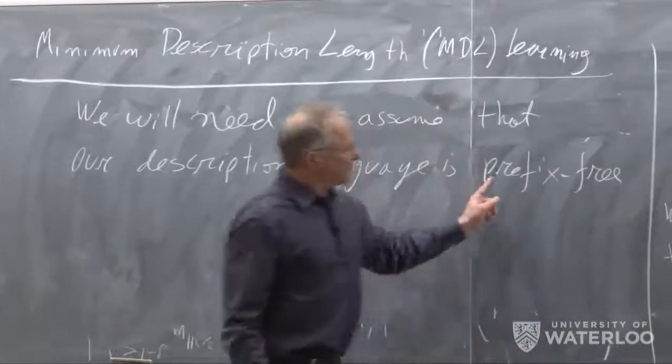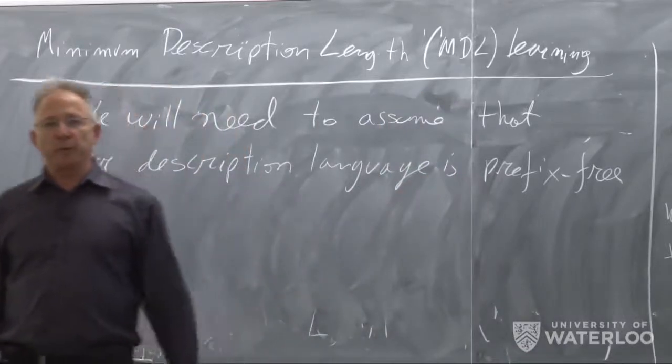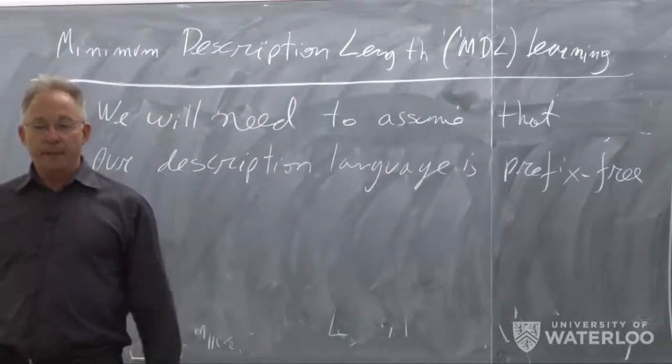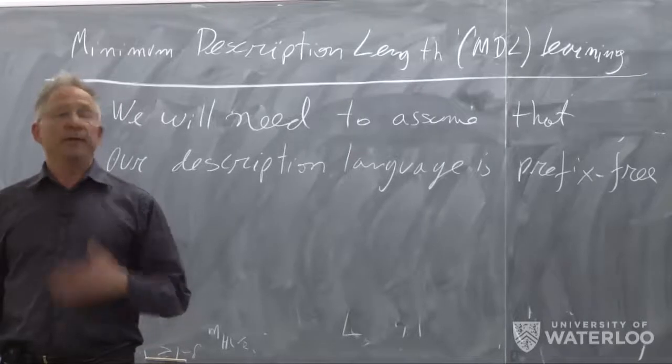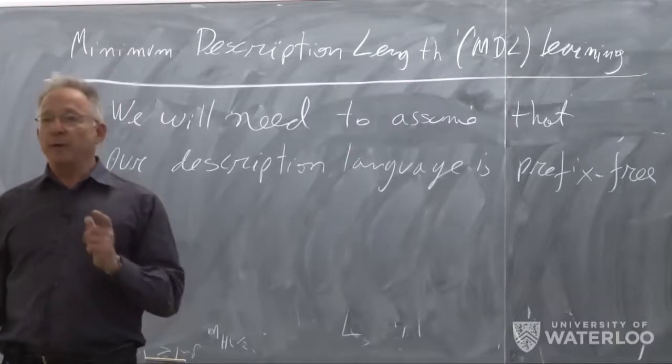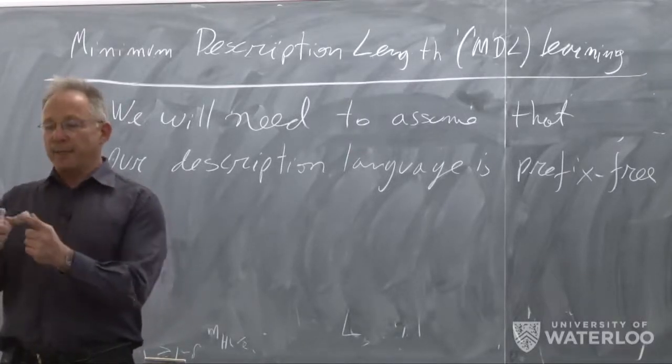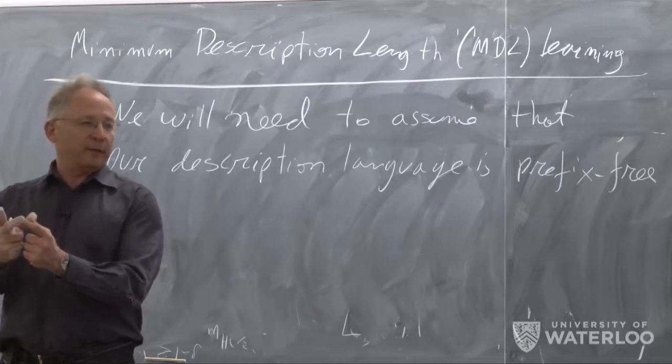Have you come across this expression before, prefix free? It's a requirement that we have in any programming language. We never want one program to be a prefix of another program.